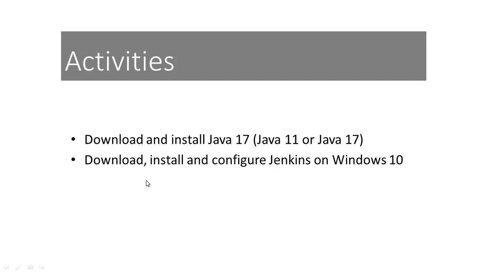We will download, install and configure Jenkins on a Windows 10 computer. If you have a different version of Java, it may not work. So it is recommended that you install Java 11 or Java 17 on your computer. In the course of this video, we will be installing Java 17.